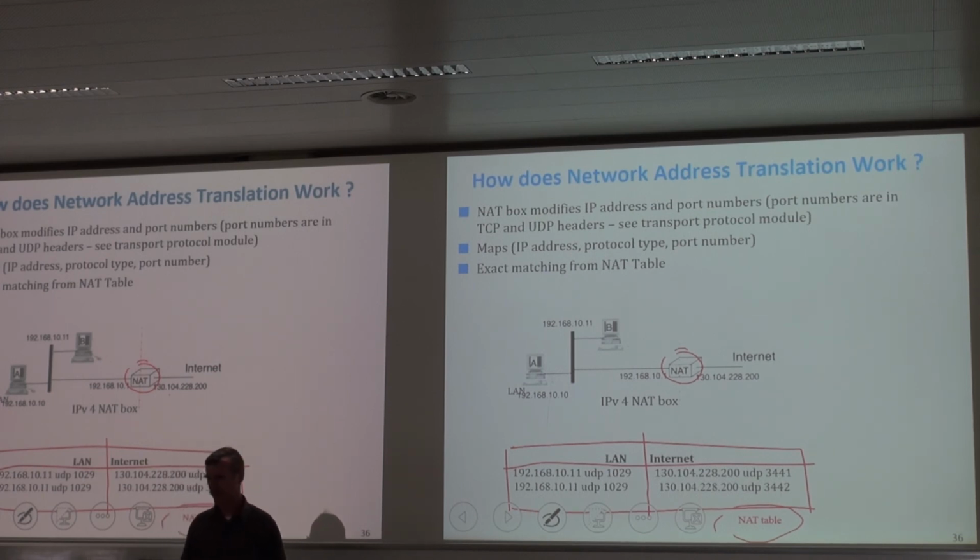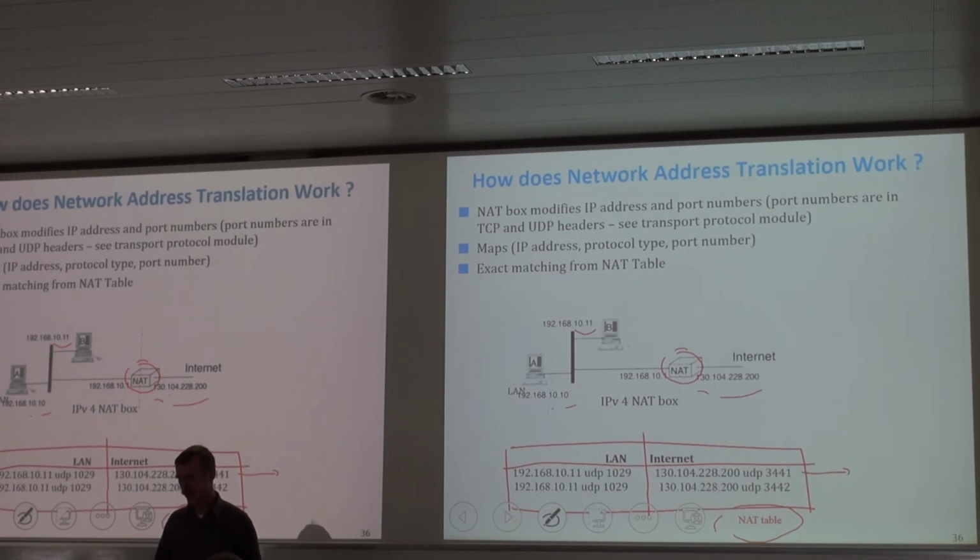So this NAT, for example, that serves 2 machines, 10.11 and 10.10, has only one IP address on the internet, and through some mechanism it has learned that all the traffic that comes from the machine 11 with a UDP port 1029 goes to the internet through a given destination that has another port number.